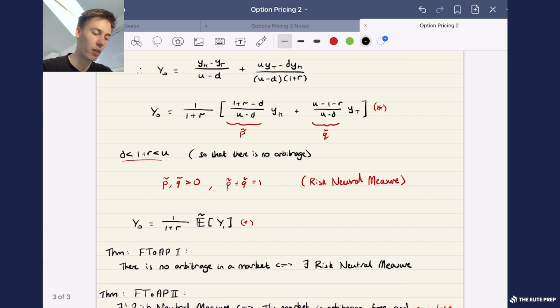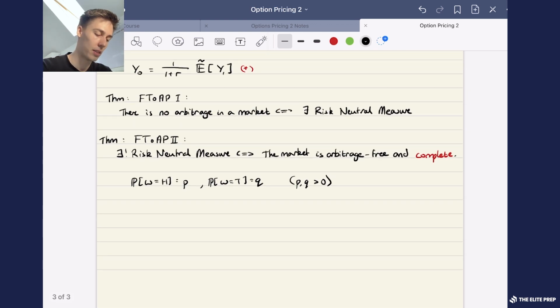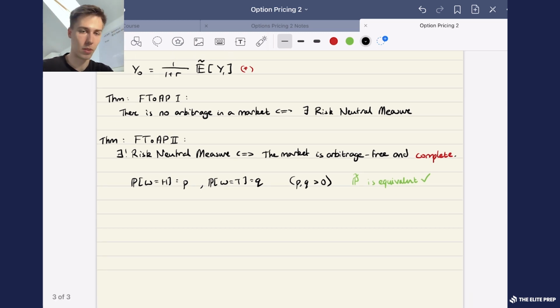Well, if we look here, we have P tilde greater than 0 and Q tilde greater than 0. So that means P tilde is equivalent. Equivalent here is mathematical notation for the probability measures being non-zero on the same sets, or the same elements.